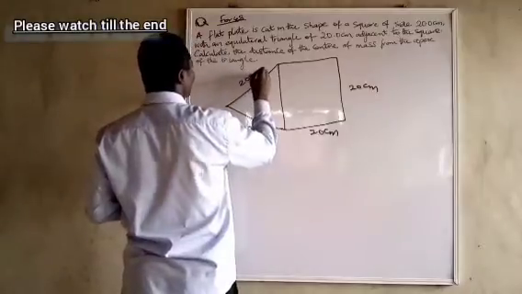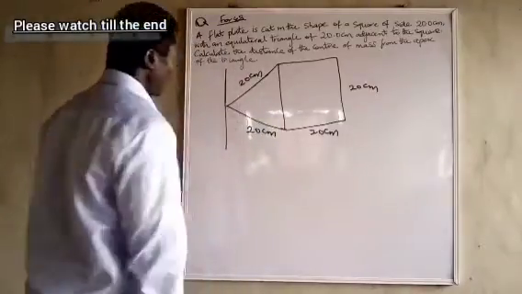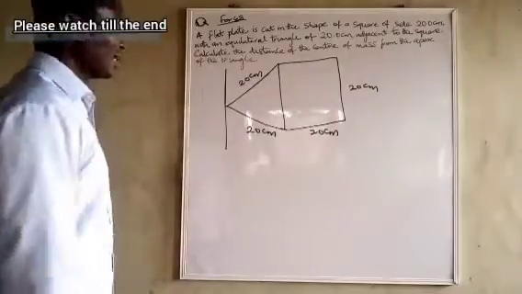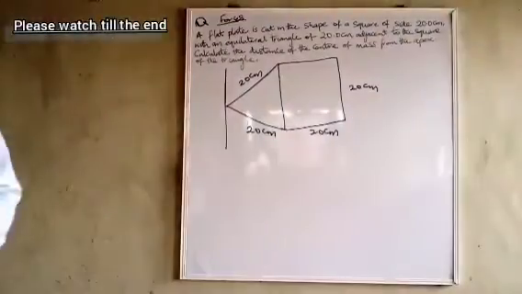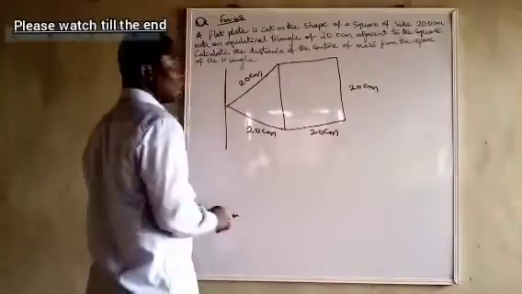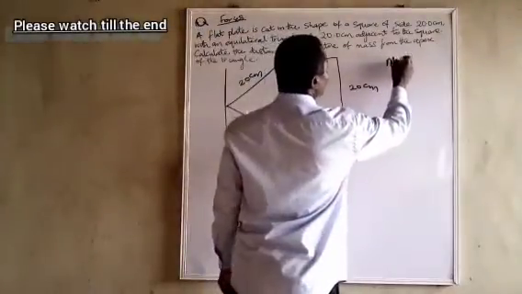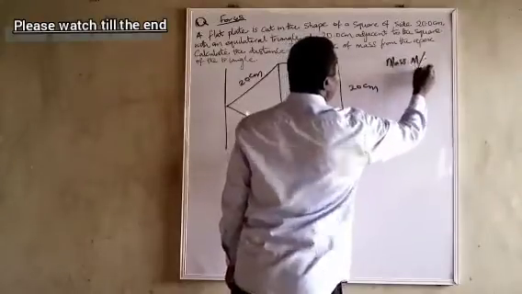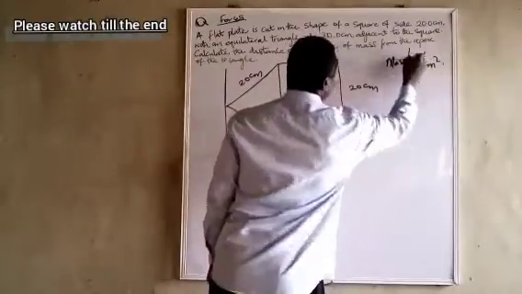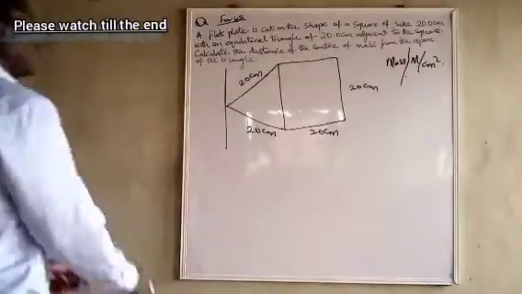Now this is the apex of the triangle, and since it is the same material, the density will be the same. Since it is a flat plate, I will consider that it has mass m per centimeter squared, so let's use that as area density.